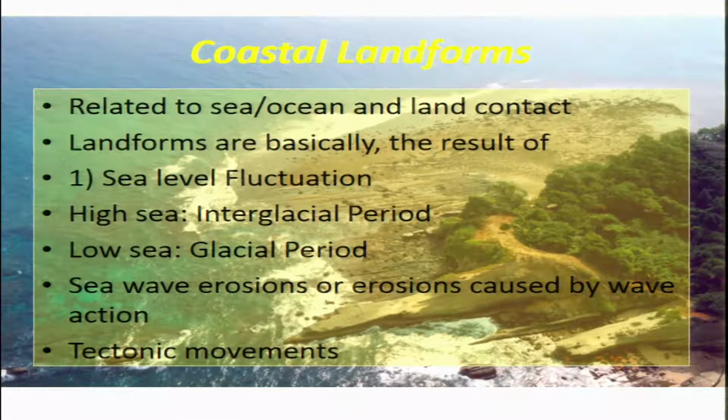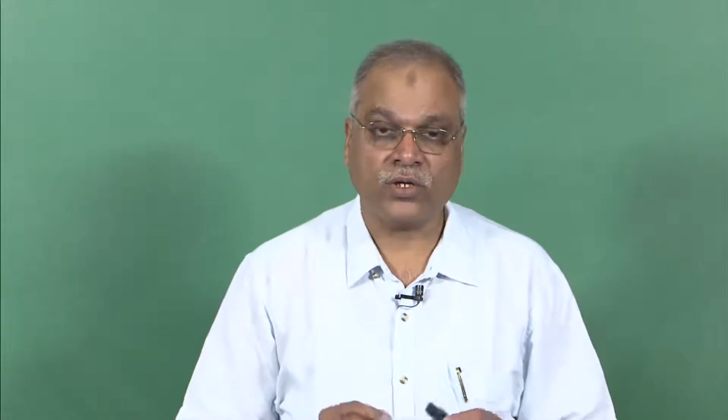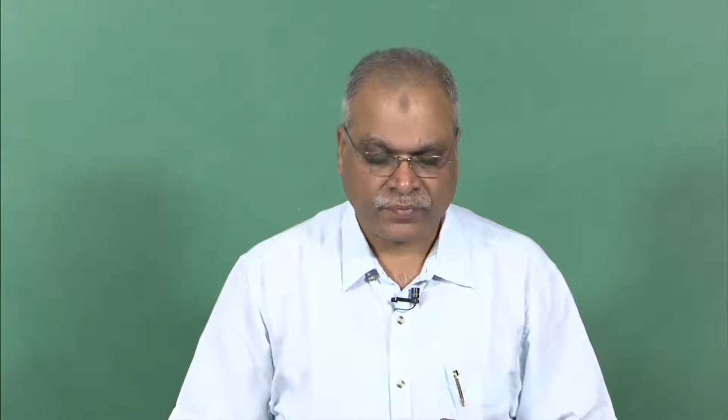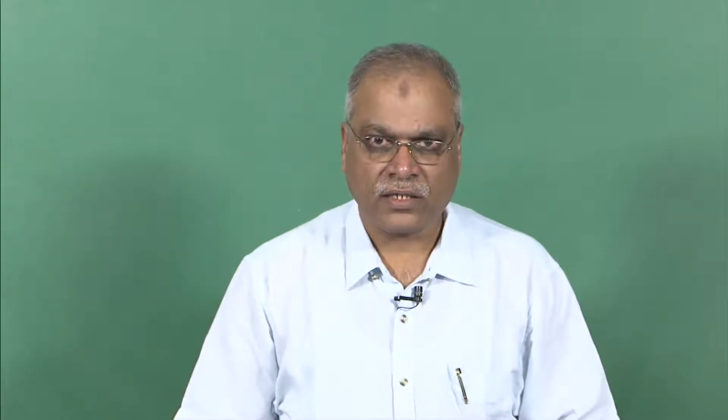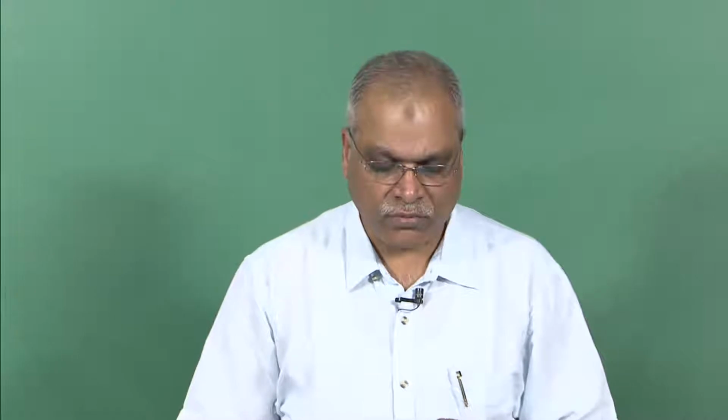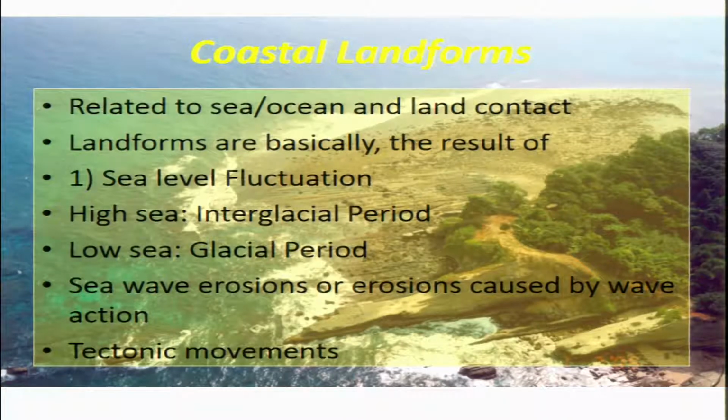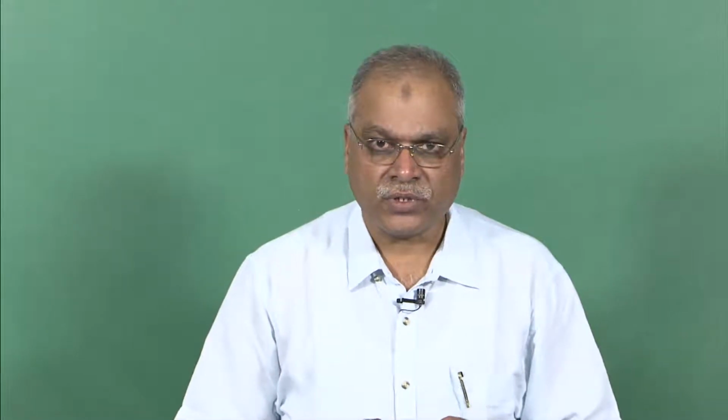A high sea level means an interglacial period, where we have a lot of melting of ice and glaciers, water is poured into the ocean, and the volume changes, so it starts inundating more and more areas. Low sea level means a glacial period, where you have reduced volume of water and you see more land emerged.